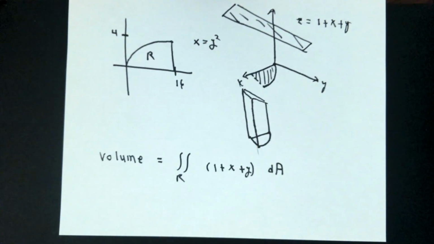If I wanted to express stuff in terms of x, the y variable would be the square root of x. That might make things more difficult to integrate. So for my first try, I'm going to look at the integral on the outside as being with respect to y. That variable can go from 0 to 4.